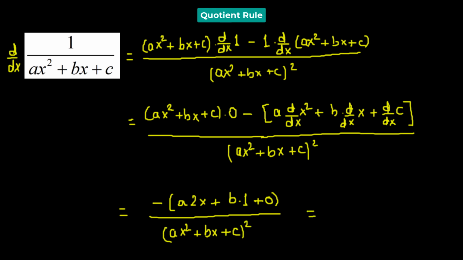So we finally get negative 2ax plus b divided by ax squared plus bx plus c whole squared. So this is the derivative of the given function with respect to x.